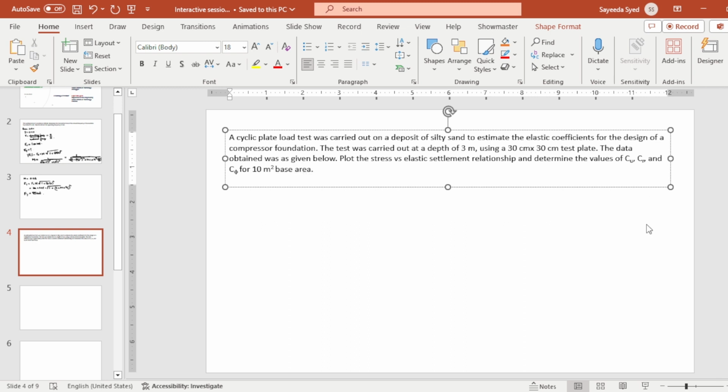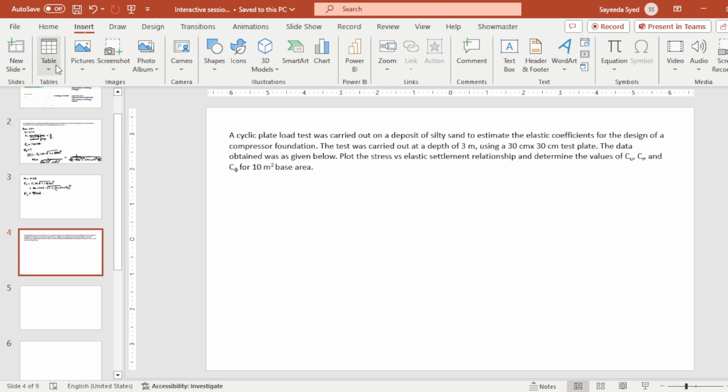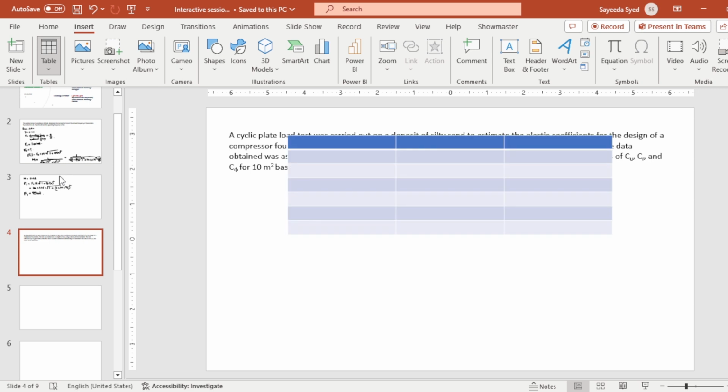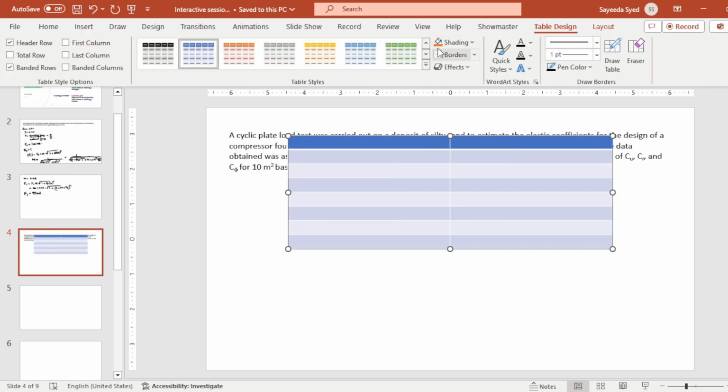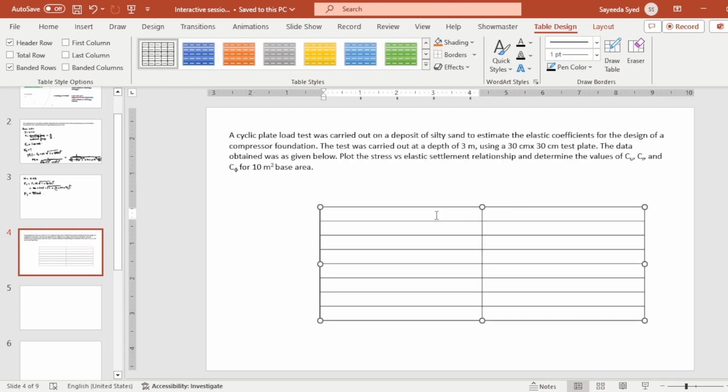Okay, so let me give you the values. This is the load intensity, given in kilonewton per meter square, and then we have the settlement given in mm.